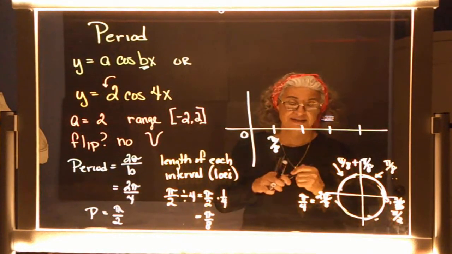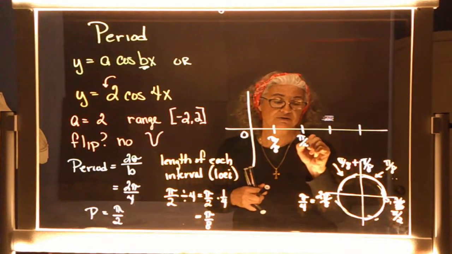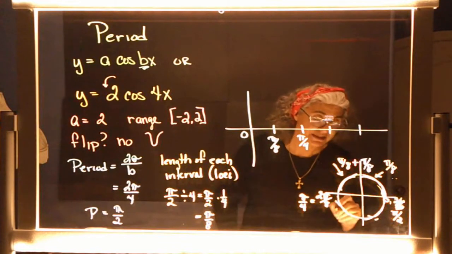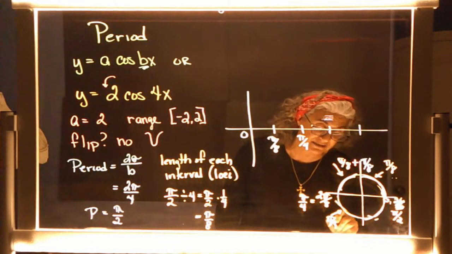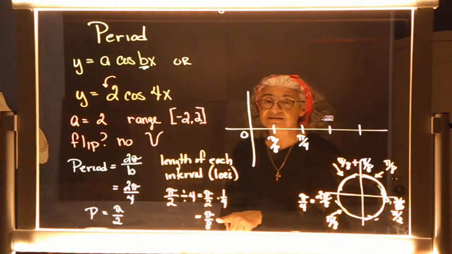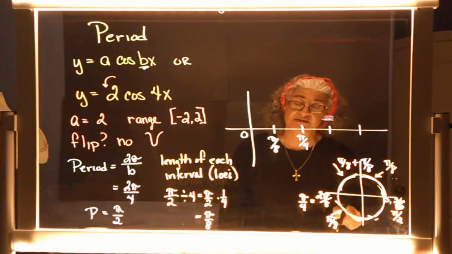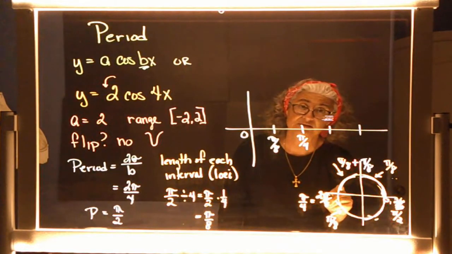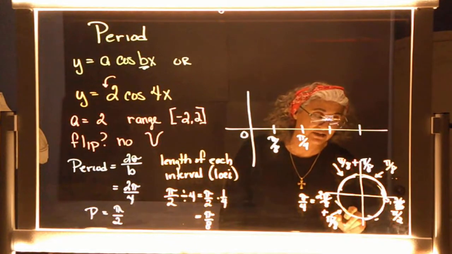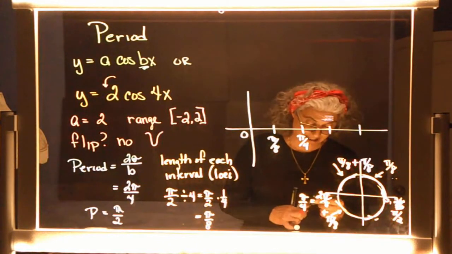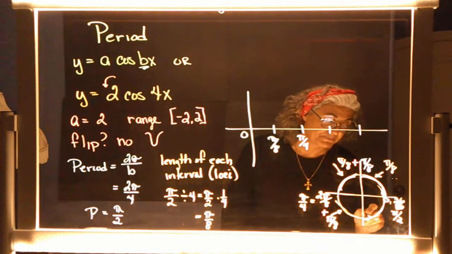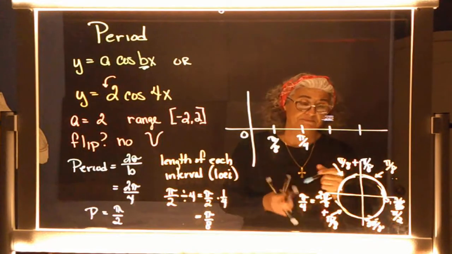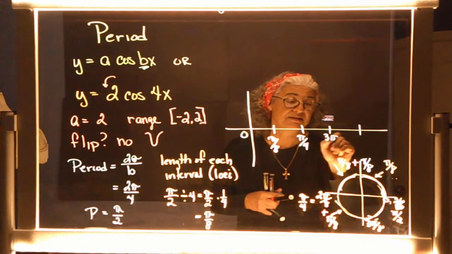So this next one is pi over 4. And then the next quadrant has the length of pi over 8, right? Because that's the length of each of these intervals. So now I take the 2 pi over 8, and I'm going to have to add pi over 8 to get to the next mark. What will this be? Yeah, this will be 3 pi over 8, won't it? So this next one is 3 pi over 8.